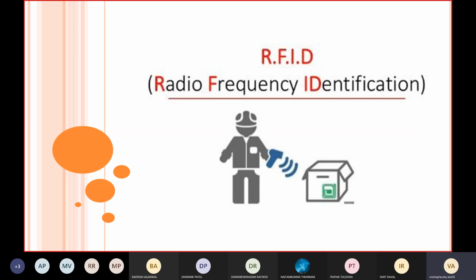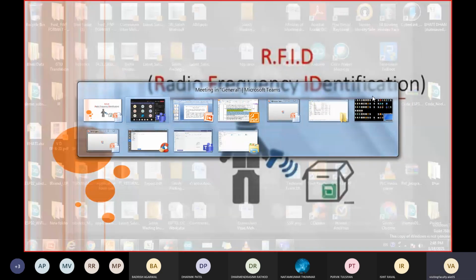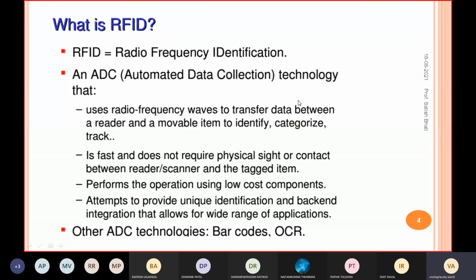So RFID is radio frequency identification. So, starting, what is RFID? In the first class I gave some idea, or we can say an introduction, about RFID.